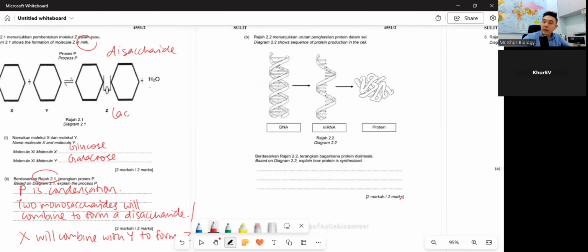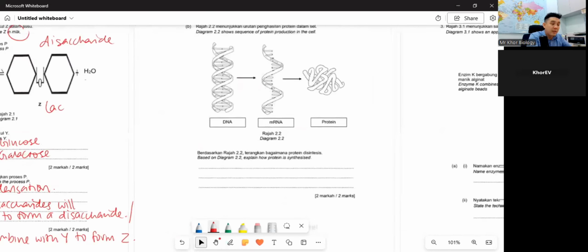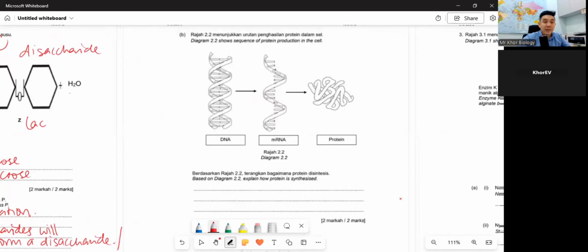As for B, based on diagram 2.2, explain how protein is synthesized. Okay, I tell you what, we explain this way.